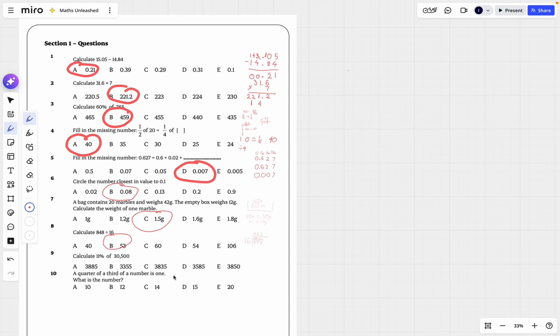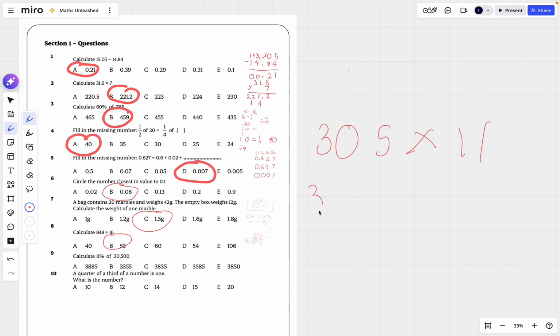The next question says, calculate 11% of 30,500. Here we can divide by 100 and then times by 11. This will be the easiest way. 30,500 divided by 100 will be 305. Now we need to times this by 11.